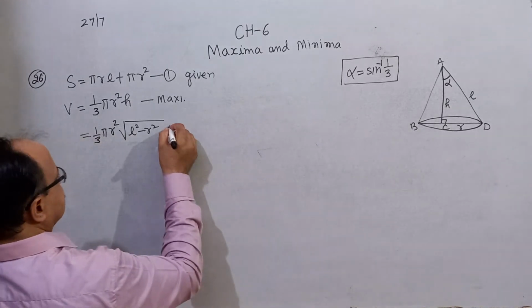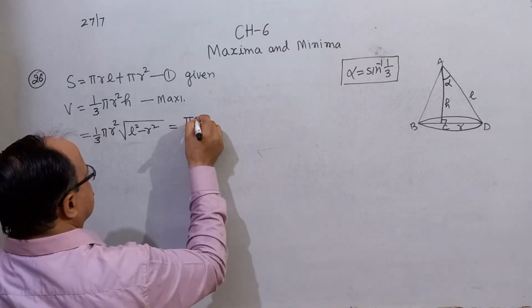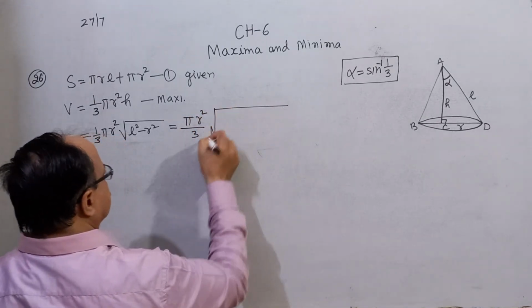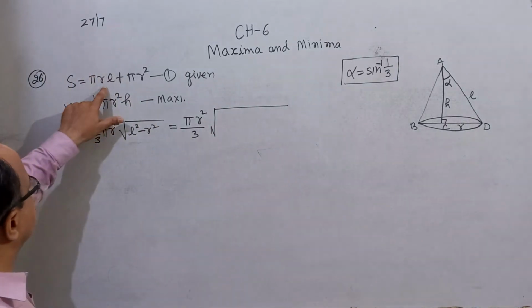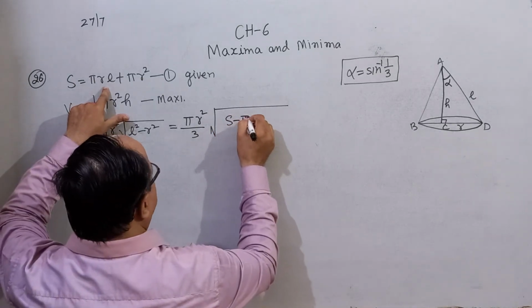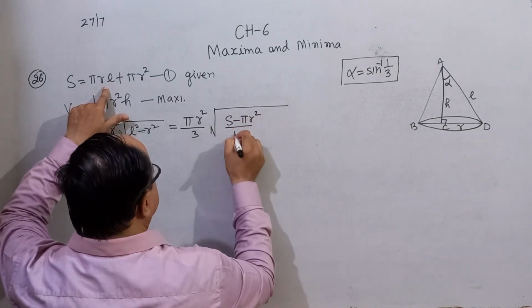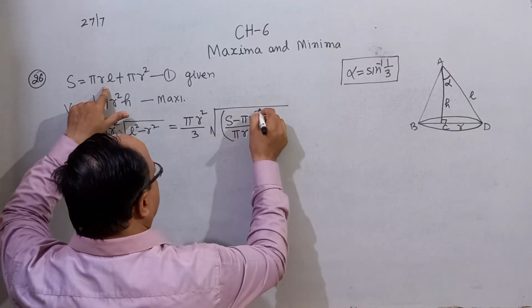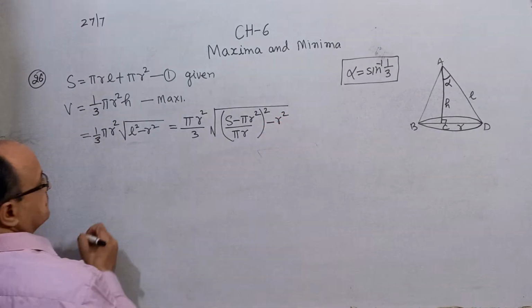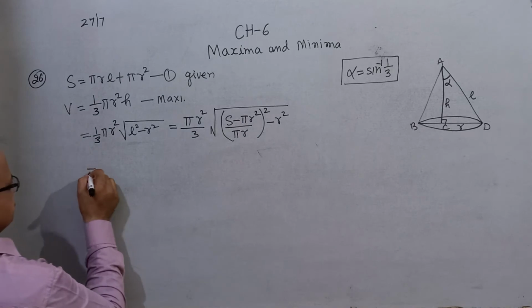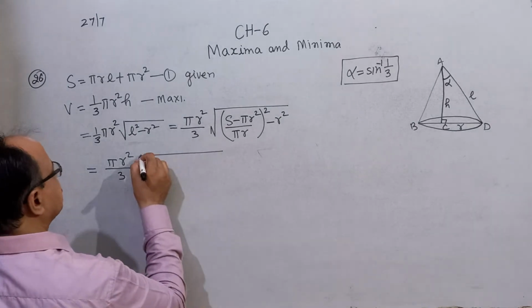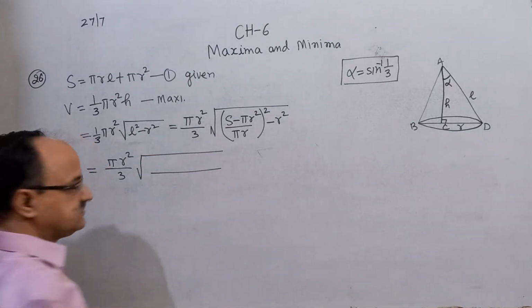Now put the value of L. From equation number 1, L is (S minus pi R square) upon pi R. So Z equals pi R square by 3 times the square root of ((S minus pi R square) upon pi R) whole square minus R square. Clear?